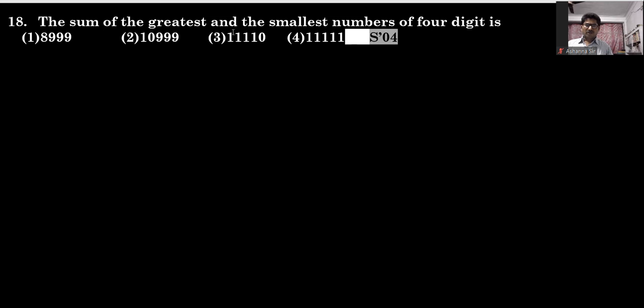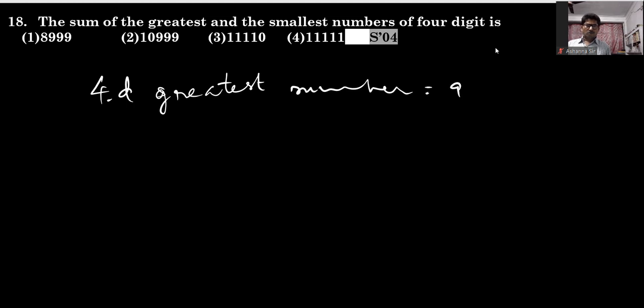18th one, the sum of the greatest and the smallest number of 4 digits is. The sum of the greatest and the smallest number of 4 digits. Greatest number is 4 nines.